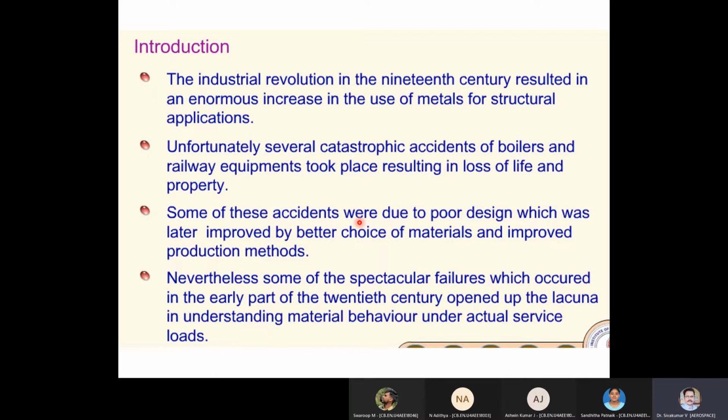In spite of all these things, especially at the beginning of the 20th century, a lot of failures came because they had started using a lot of metals for applications. Still, some failures, especially spectacular failures, occurred in the 20th century.